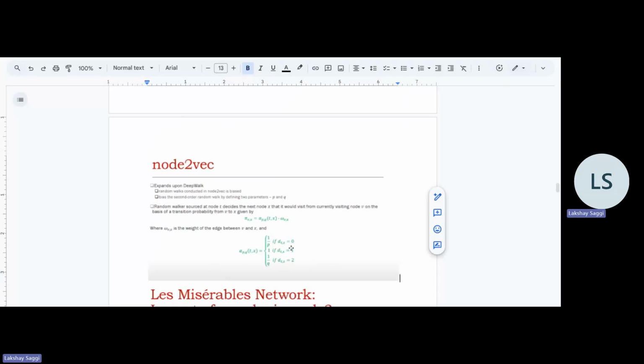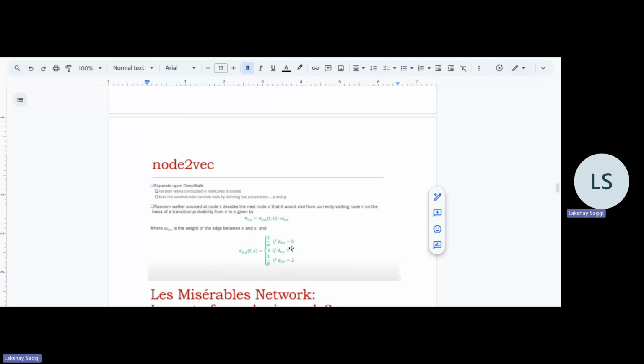Note that if the distance between T and X is 0, then the value of this parameter is set to 1 by P. If the distance between T and X is 1, then this is set to 1, and if the distance between T and X is 2, then it's set to 1 by Q. You can work this out, it's not too hard.